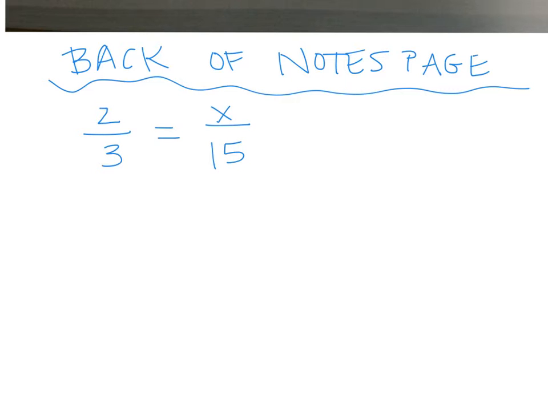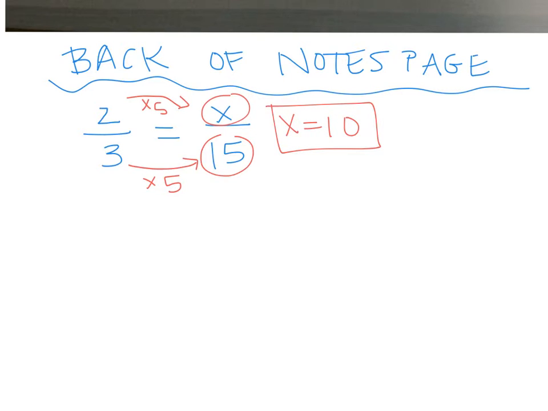Remember what to do about that? That's right, this is a common multiplier that you've been using and you just didn't know it was called that. If I know this times 5 equals this, then this times 5 has to equal this. So x equals 10 would be my answer.